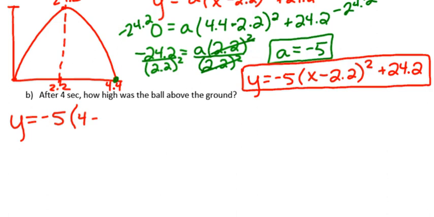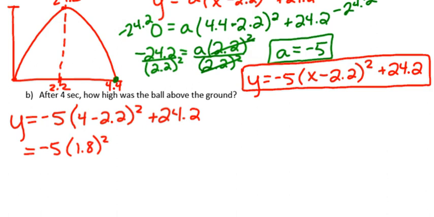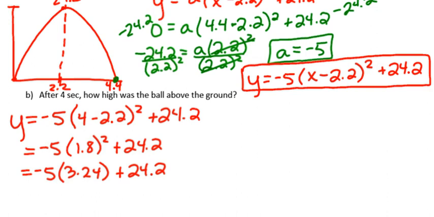So 4 minus 2.2 squared plus 24.2. 1.8 squared is 3.24, plus 24.2. -5 times 3.24 is -16.2 plus 24.2 will give us 8.